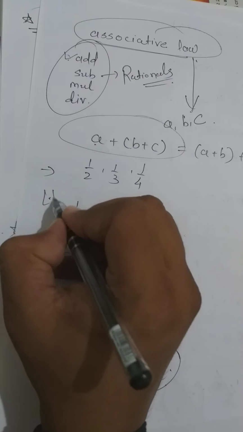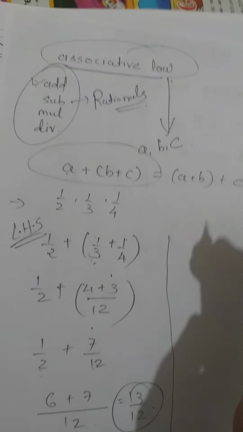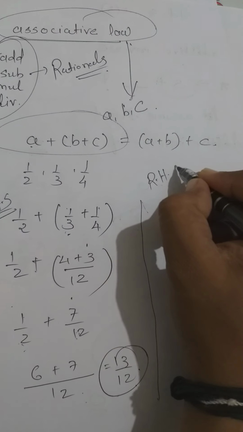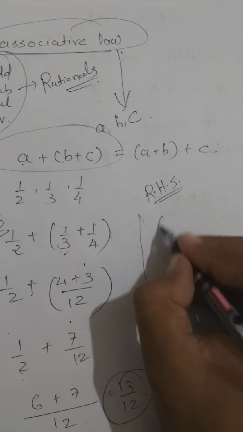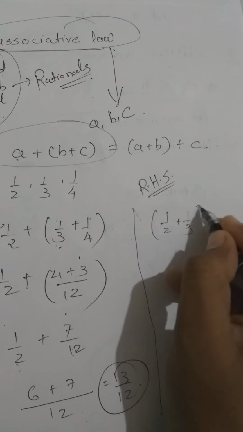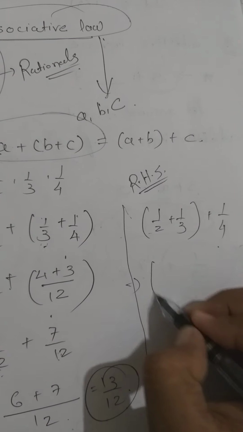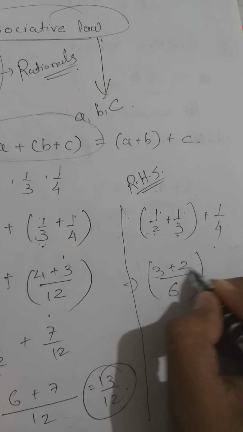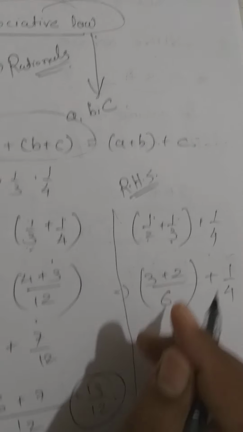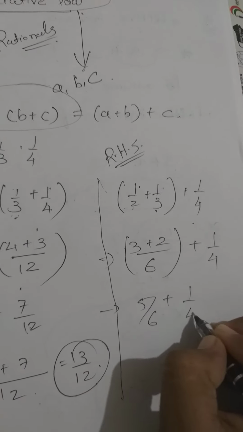It is LHS. Now the right hand side. I'll make the pair of 1 by 3 with 1 by 4. Then it will be 1 by 2 plus 1 by 3 plus 1 by 4. Then the LCM will be 6 here. 3 1s are 3 and 2 1s are 2. 3 plus 2 will be 5, plus 1 by 4 as it is. Then it will be 5 by 6 plus 1 by 4.